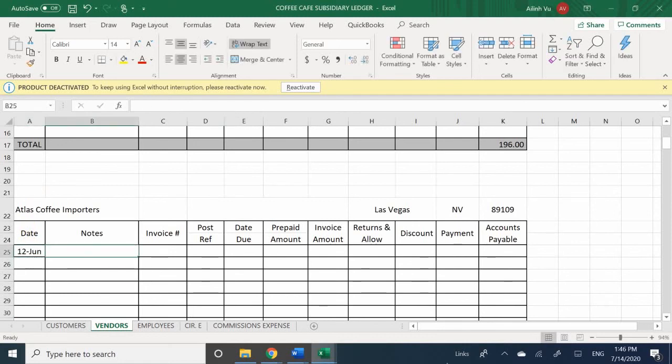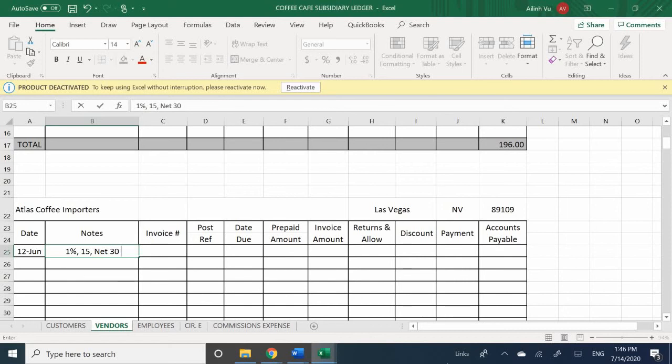And we're going to indicate 6/12. I'm also going to indicate that we got a 1/15, net 30. So what's my discount period if I were to make it? Within 15 days, you get 1%.